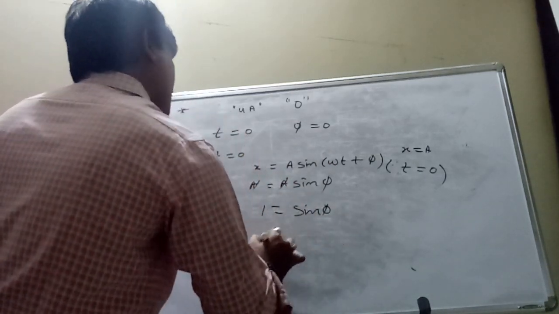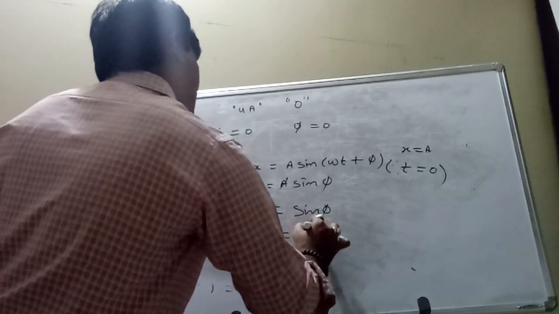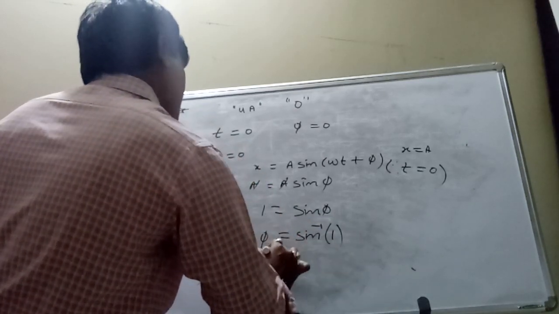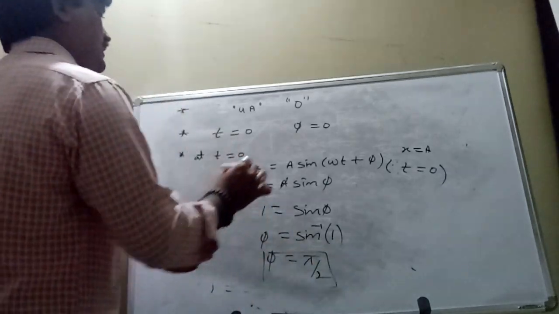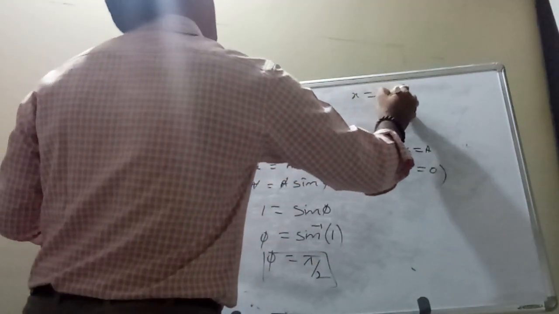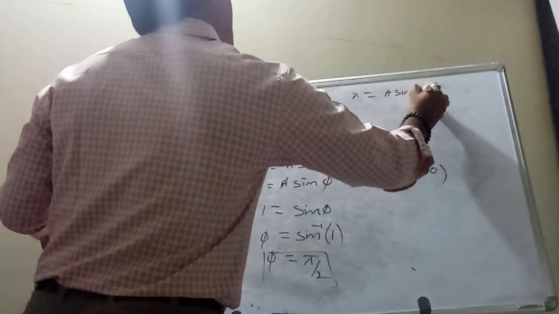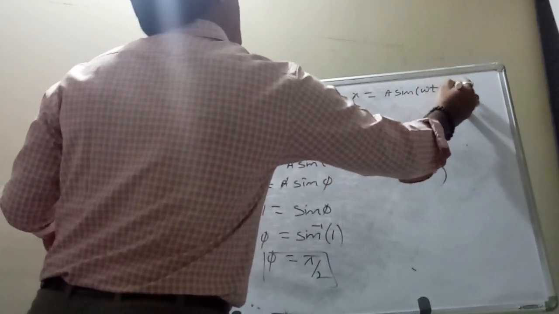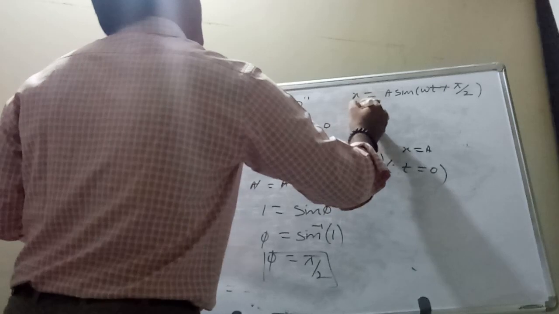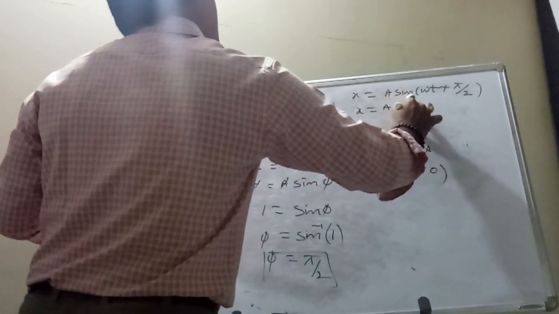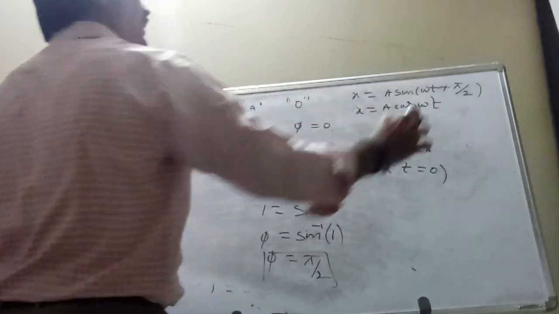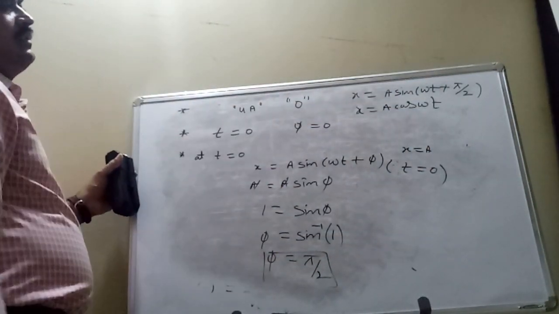So phi is equal to sin inverse 1, that is phi equal to pi by 2. So x is equal to a sin(omega t plus pi by 2), that is x is equal to a cos omega t.